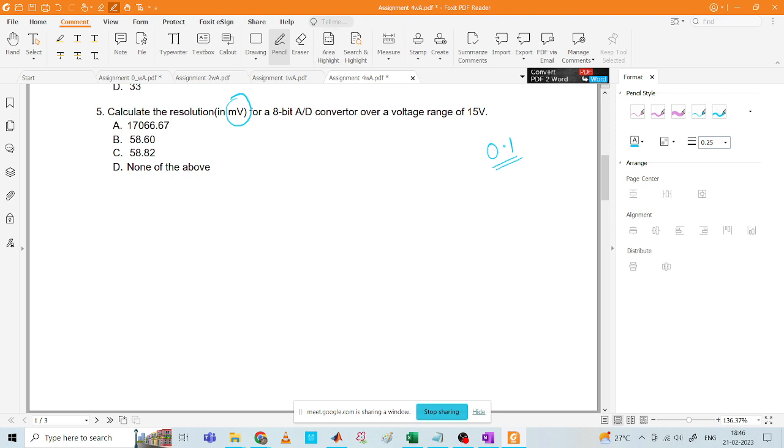And how did you get 1000 millivolts? 15 divided by 2 power 8 minus 1. How much will you get? 238, sir. But there is no option of 238. Option D, just check. So this is 15 divided by 255.